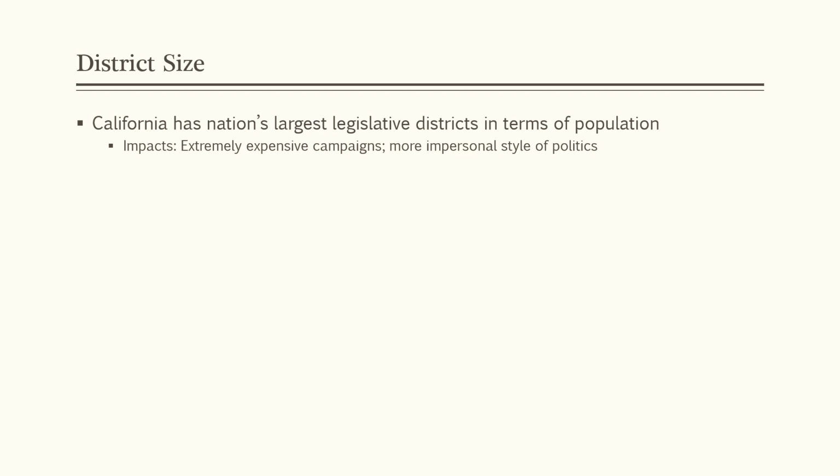They're generally going to be knocking on pretty much every door in the district come election time, trying to gain the support of the voters. It's very different in California. California's legislators are quite a bit more removed from the general public than legislators that have much smaller district sizes.